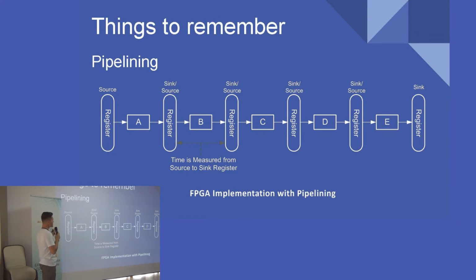And the data flow requires you to know the details of how the FPGA works to write code that is as efficient as possible. The intermediate registers store the result of the evaluation at each A, B, C, D, E block.